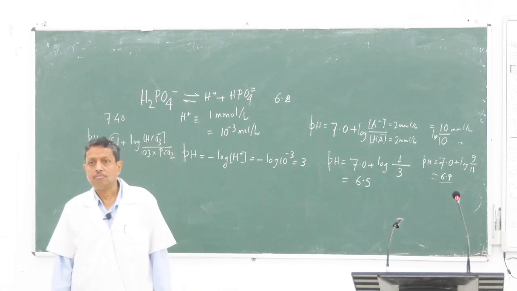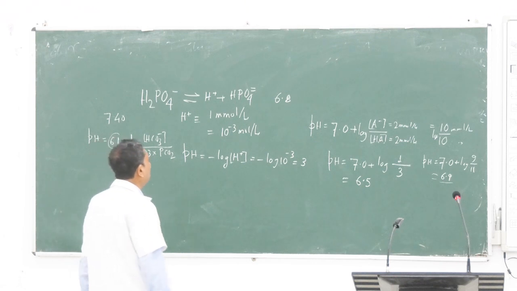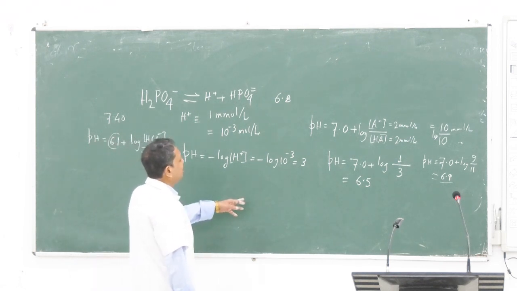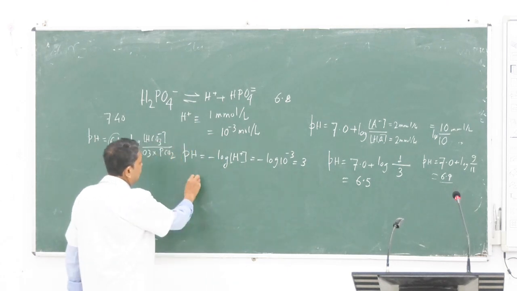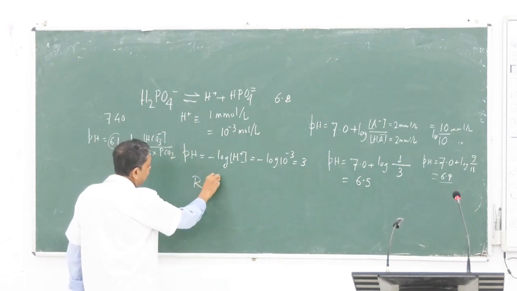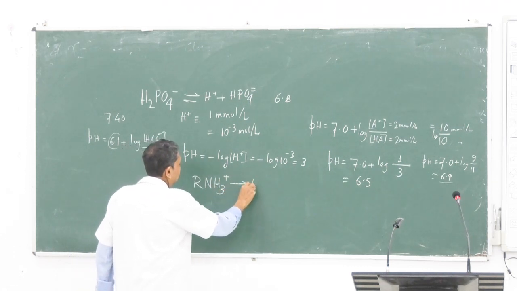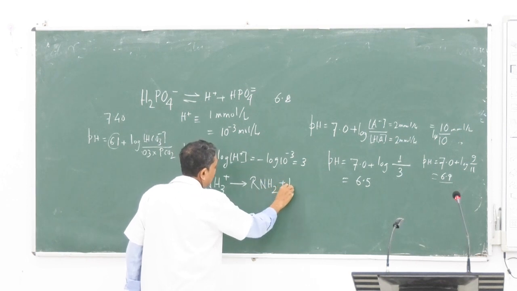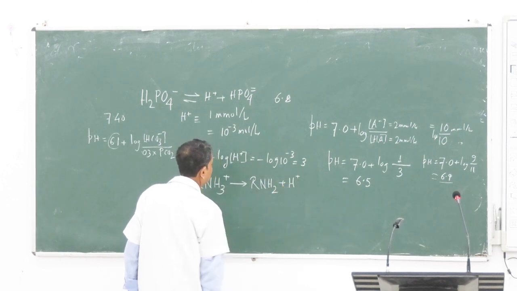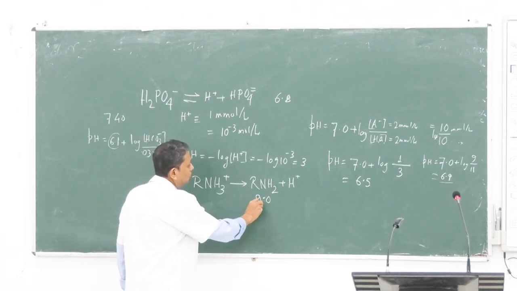In case of the ammonia system, it is 9.0, or in some it is even more than that. Ammonia system, that is RNH3 plus, and here this pK is 9.0 or so.